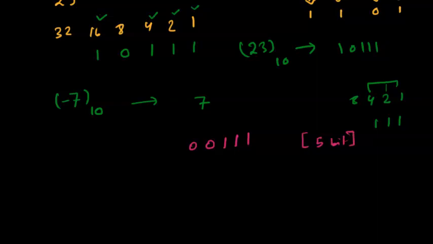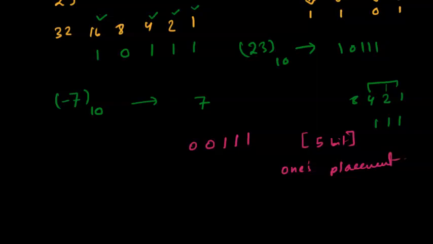Now the second case is we have to find the ones placement. Okay, sometimes the question also comes, they directly ask you the ones placement of a binary number. So what is the ones placement of a binary number? It's very easy. You just interchange the binary number.